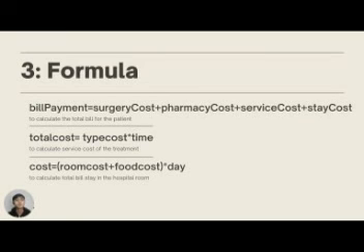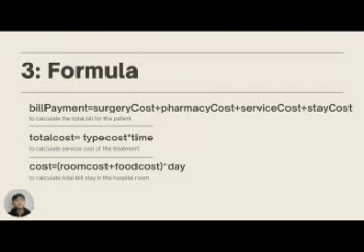Next, we should calculate the service cost, because for the service cost we need to enter two values, which is the type of the service and the time duration for the service to be done. So the formula is total cost is equal to type cost multiplied by time.